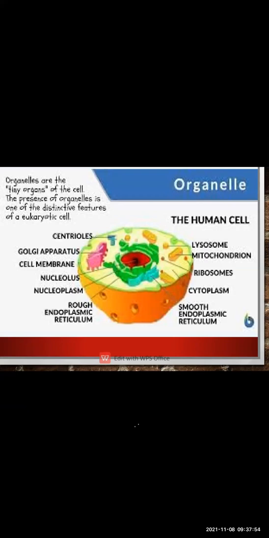Organelles are the tiny organs which are present in the cell. Then the cells are distinguished into two different types, that is prokaryotic cell and eukaryotic cell.